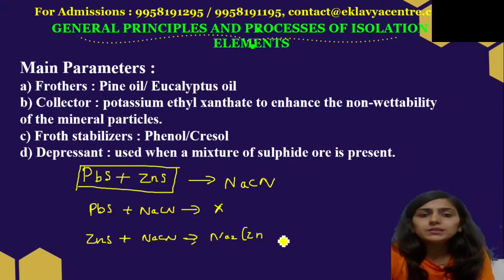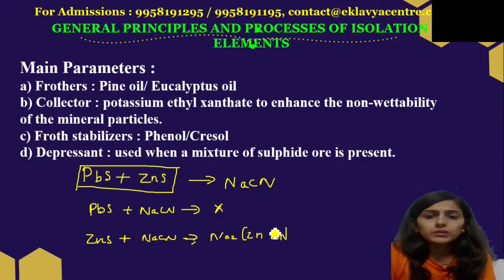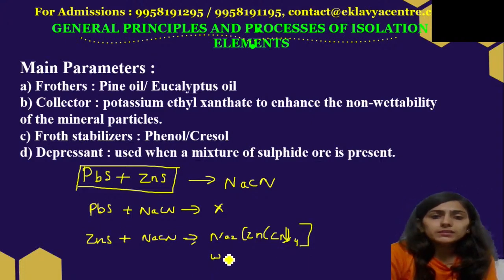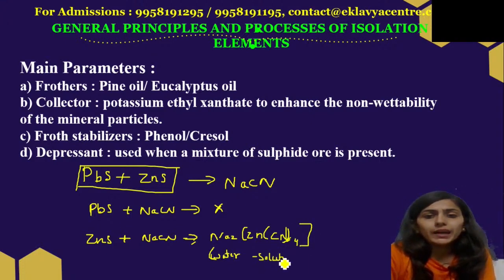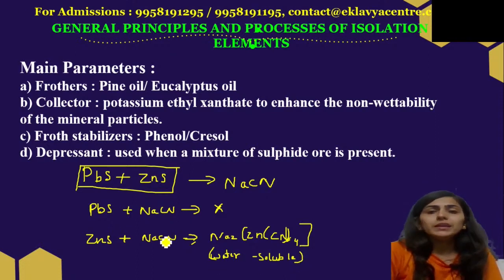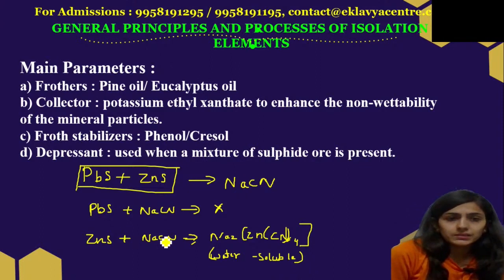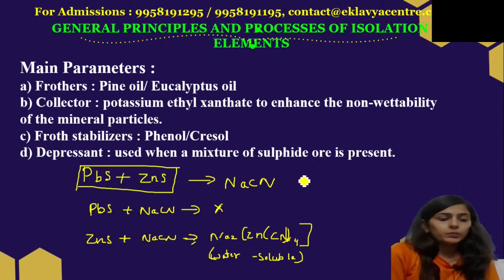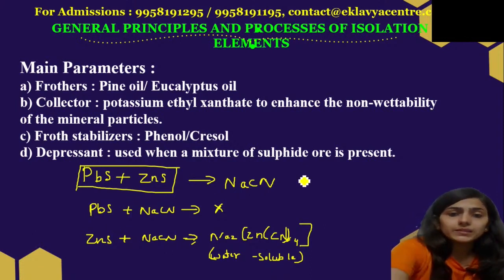You don't have to learn its name for now, because we have not done coordination chemistry till now. Since this is water soluble, it will go with the gangue particles, and in the froth we will get lead sulfide particles. So this is how we use NaCN. We have to add NaCN as a depressant when a mixture of sulfide ores is present.